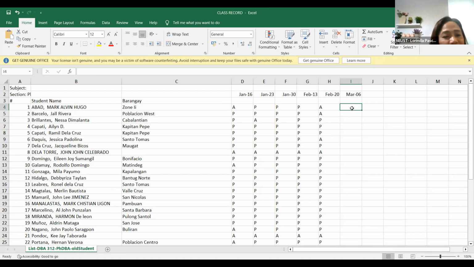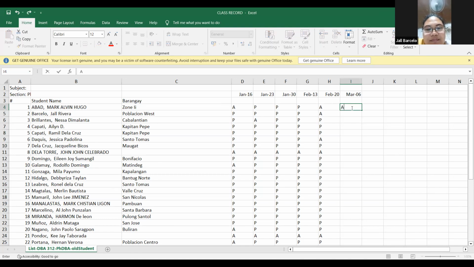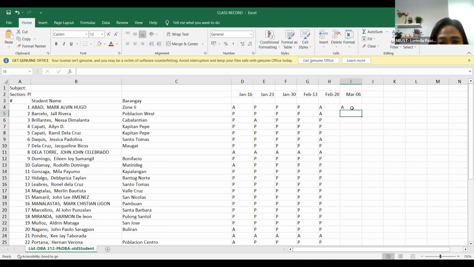So here, Mr. Abad, A or B? Is Mr. Abad absent or present? None, so absent. Ma'am, is she present? She's there po. Okay, that is my decision. When absent pala, P pala. So, what type of error is that?